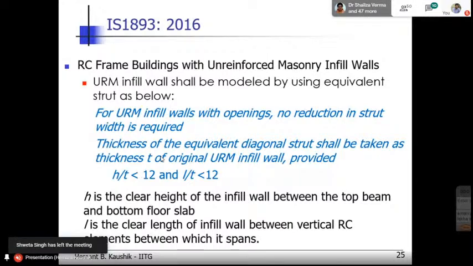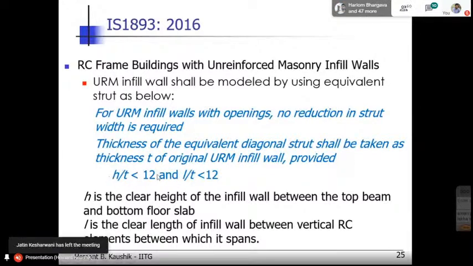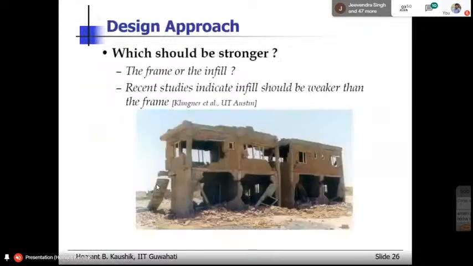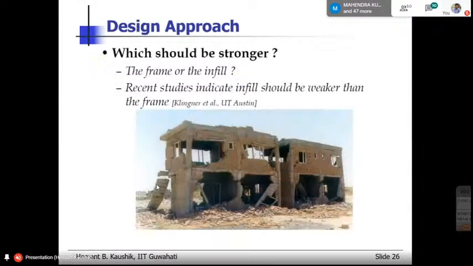So it says it's okay if you have openings. So thickness of the equivalent diagonal strut is taken as the thickness of the original infill wall, provided this is satisfied. So the code does not allow the slender walls, very slender walls and very long walls. So h by t and l by t should be less than 12. Okay, so similar proposition is there in the code, right? So this is what the code says about the strength and stiffness.